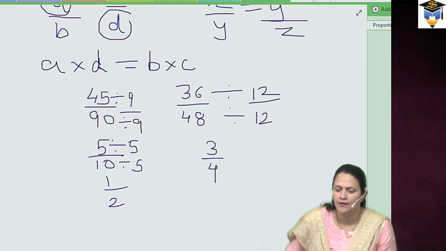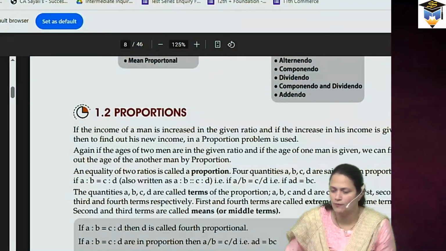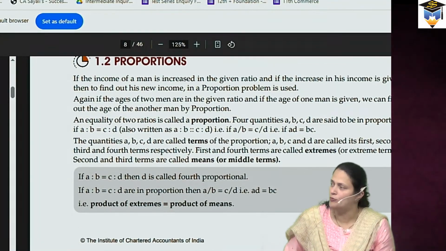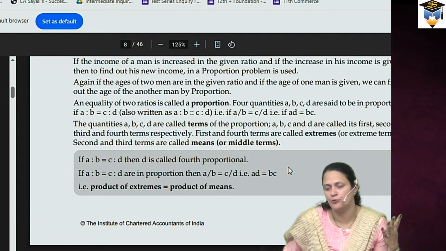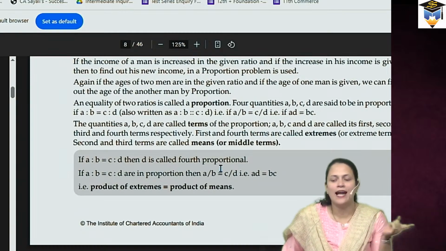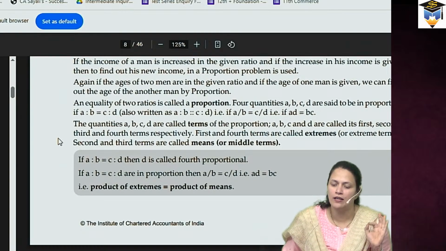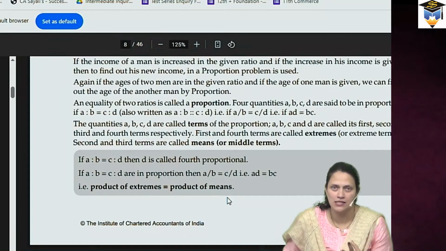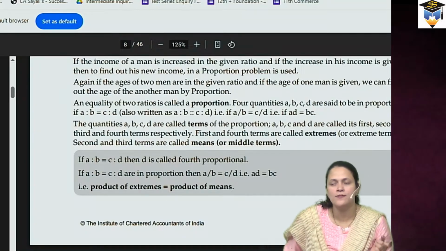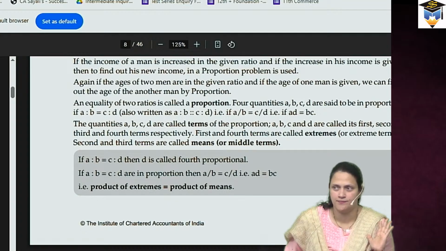Understood this concept? Now let us go back. Here, if you can see in your module also, they have given you, if there are four numbers which are in proportion, then the first number and the last number are going to be called extremes, whereas the in-between numbers are going to be called means. So the product of extremes is equal to product of means.